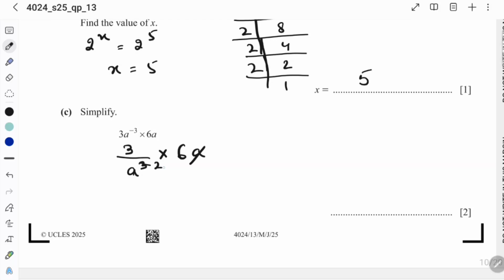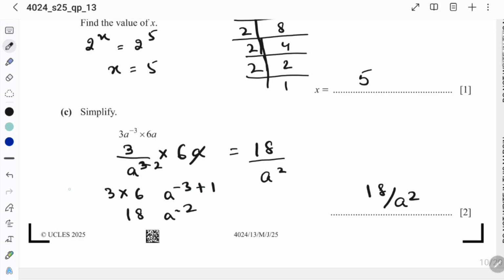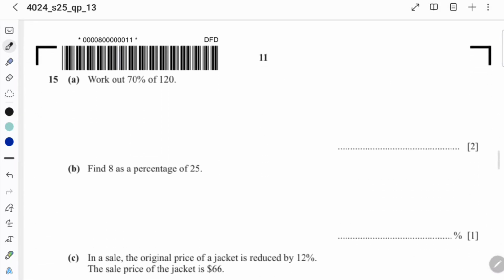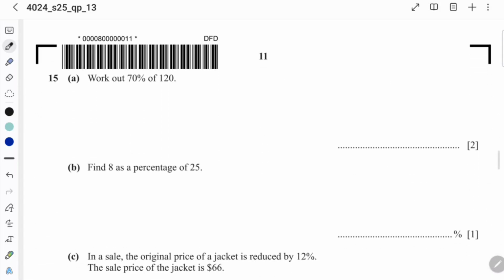You can cancel and you will have 18 over a square. Or you can do it like this: 3 into 6 and a to the minus 3 plus 1, 18a to the minus 2. So that's the same thing, and this answer is also all right. It's also applicable. Question number 15.